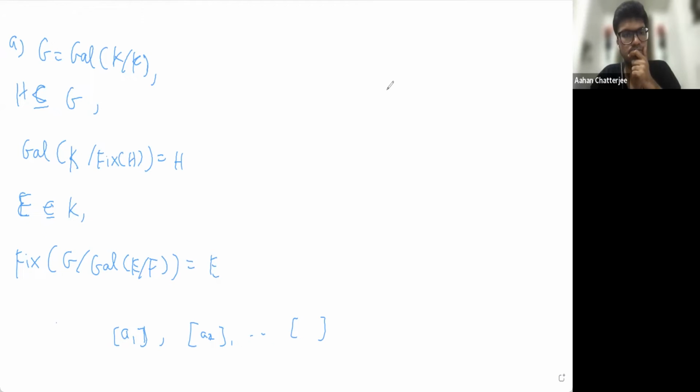Okay, I guess maybe I'll give an example with the previous one. So we had Gal(K/F) is sigma 1, sigma 2, sigma 3, sigma 4.